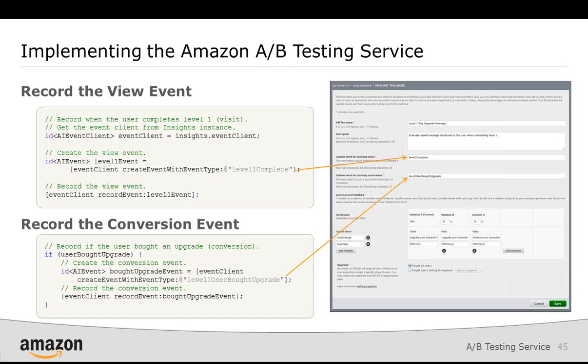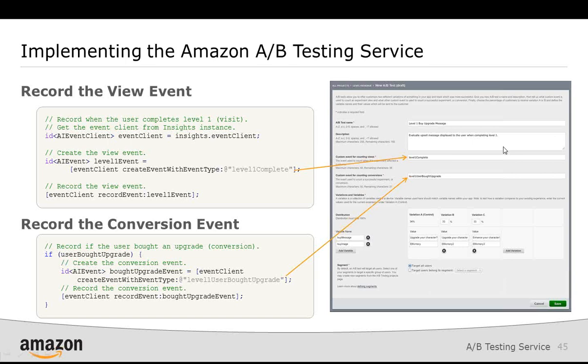Now, of course, we're going to want to send some information back to the service in order to do the testing and analysis. The first step is to record the view event. And again, this view event indicates to the A/B testing service that the customer has actually entered the test.